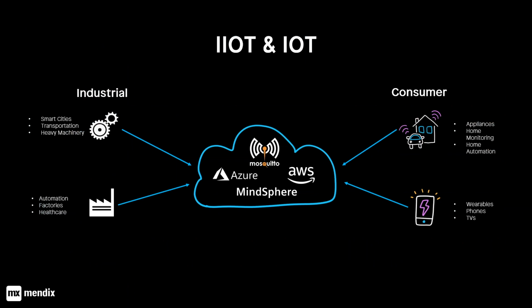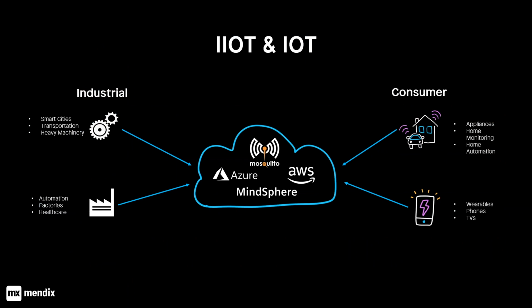And when we talk about IoT, often people are very confused about what IoT means. And over the last few years, there's been an emergence of 2 types of IoT. We see on the left-hand side industrial IoT, which is really focused at smart cities, transportation, heavy machinery, as well as trying to improve your automation within your manufacturing process in factories and healthcare.